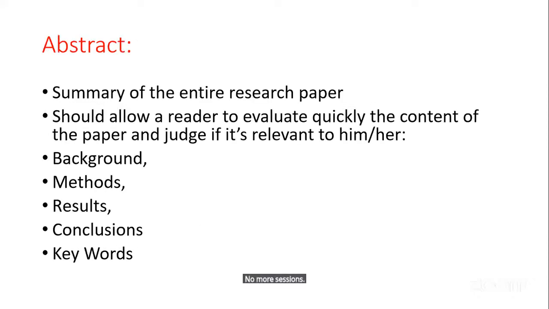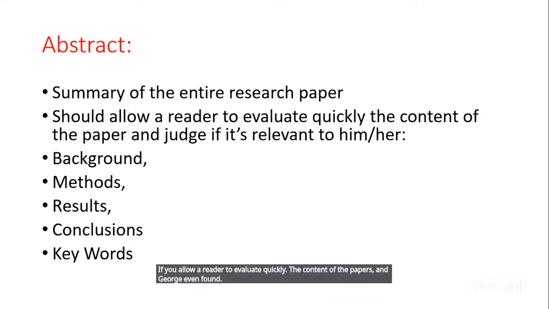So the abstract is the summary of the entire research paper. It should allow a reader to evaluate quickly the content of the paper and judge if it is relevant to him or her.